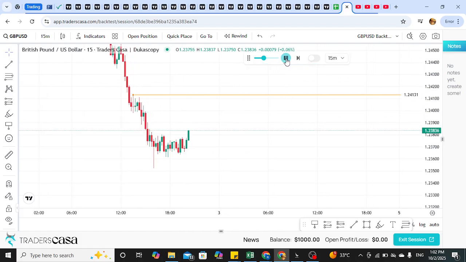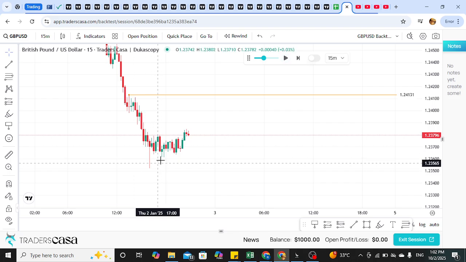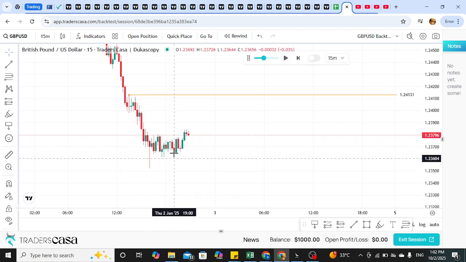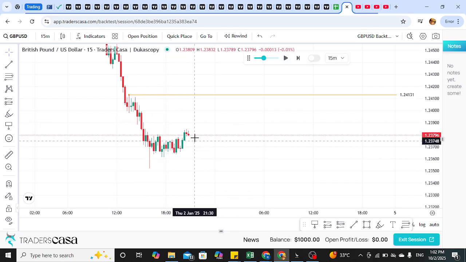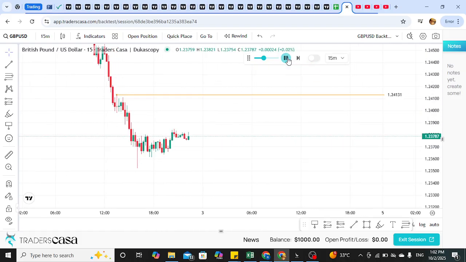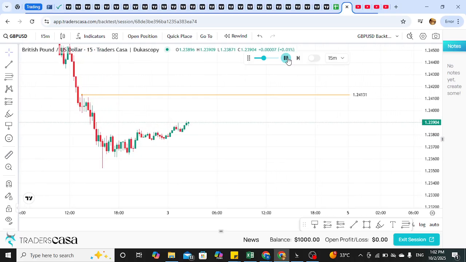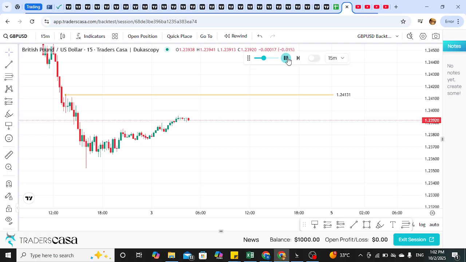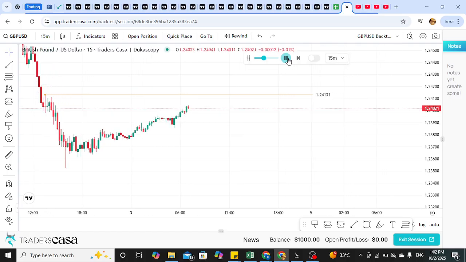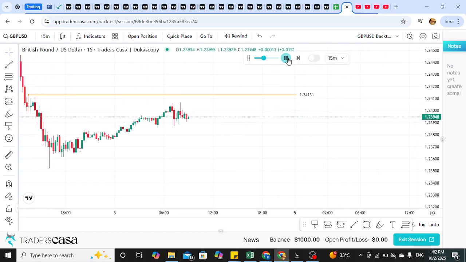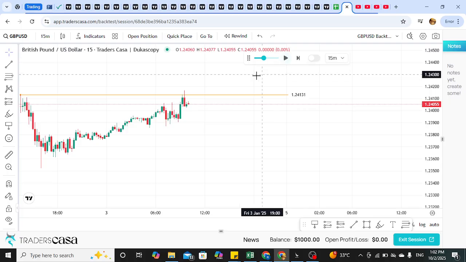Normally with this kind of rejection, we might assume that yes, we will go up and hit that inducement. Now, the inducement, as we said before, is a liquidity area, and it seems to be heading in that direction now. Yes, see, it got hit.